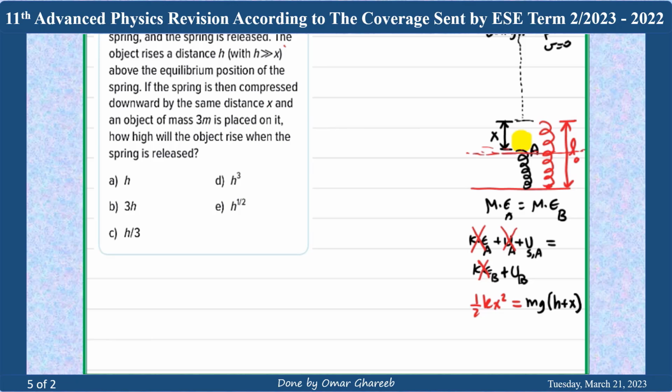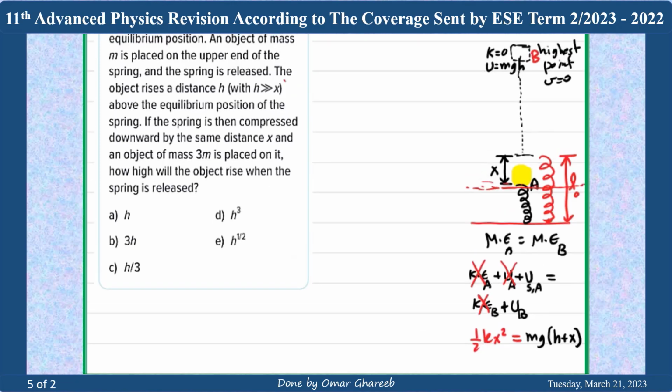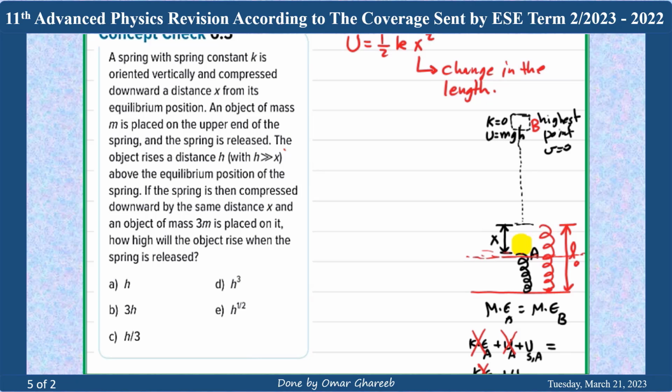Why do we write such a thing? Because the question tells us that h is the height above the equilibrium reached by the object. So the total height from the reference point, which is at this line, is h plus x.